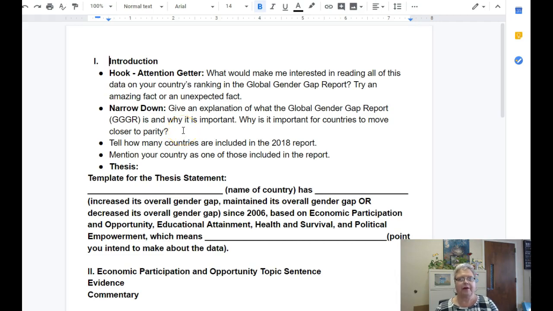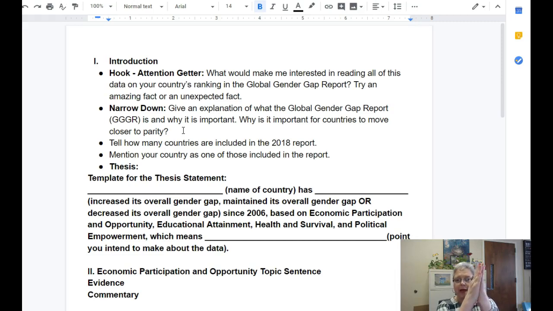Just a moment to talk about this. You need to understand, as well as the people who will be reading your essay need to understand, what the Global Gender Gap Report is. Now, the Global Gender Gap Report is talking about how far men and women are apart as far as a gap in these headings that we looked at, whether it's the economic participation and opportunity, whether it's the education, whatever.